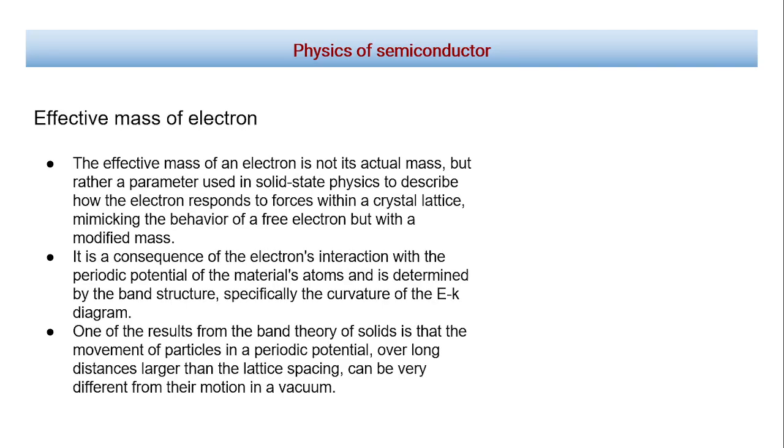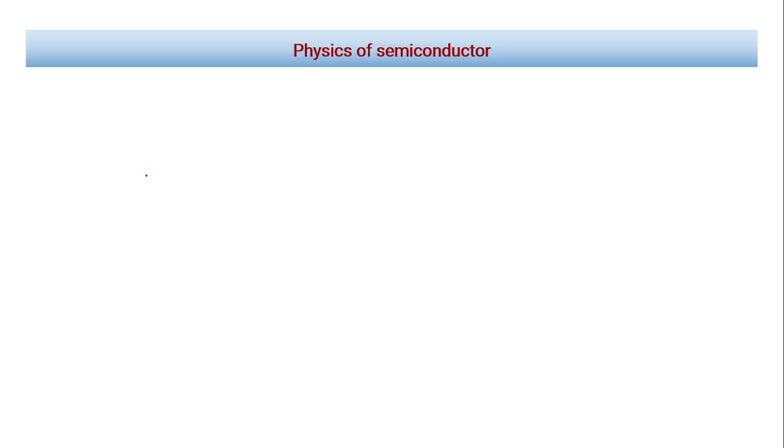The next concept: in the Kronig-Penney model also we had seen that, in this model of solid matter, we consider that we have atoms and their valence shell electrons are not restricted to the atoms.